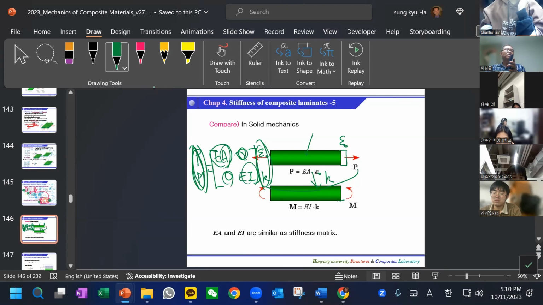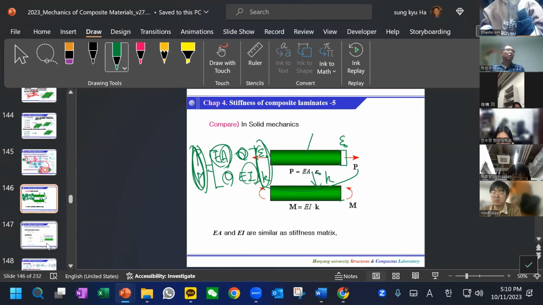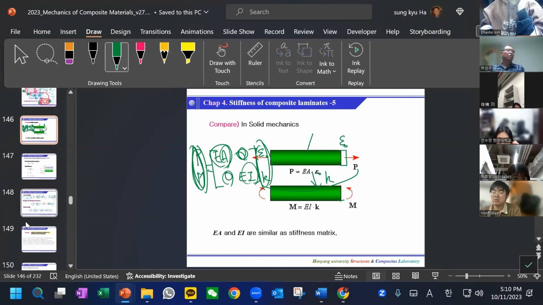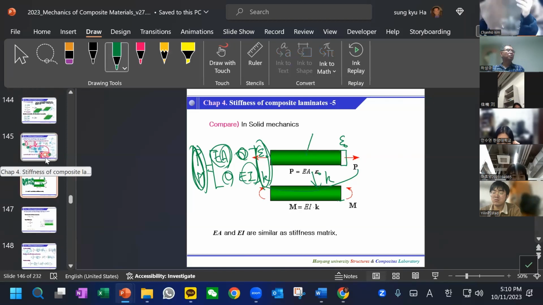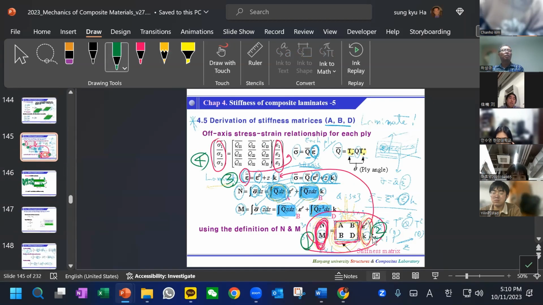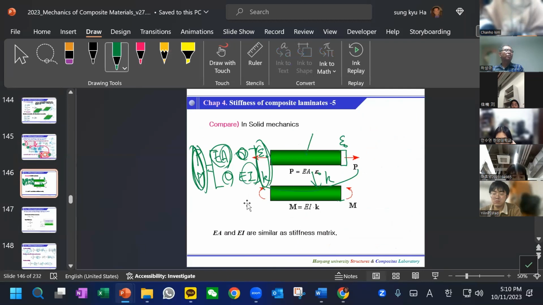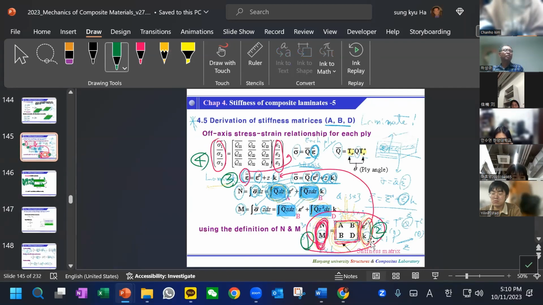As you can see, this is very similar to what we are trying to arrive at. We are trying to reach the ABD matrix for the composite materials like this. Okay, so I would like to give you an idea that what we are trying to reach is just the extension of this equation for the isotropic to our composites.